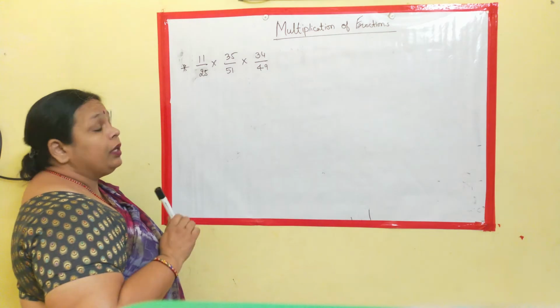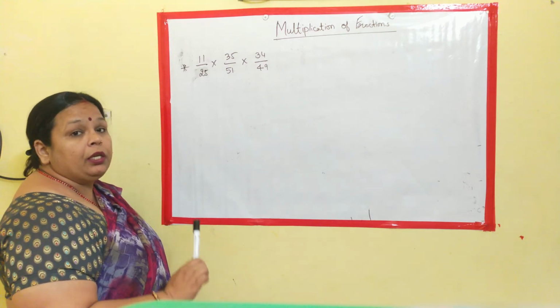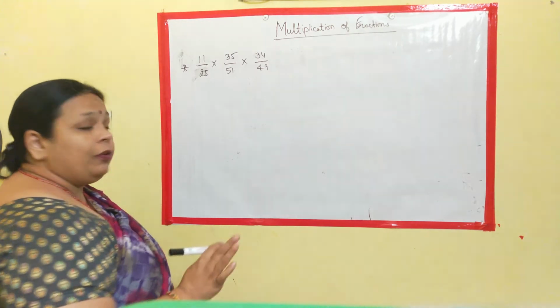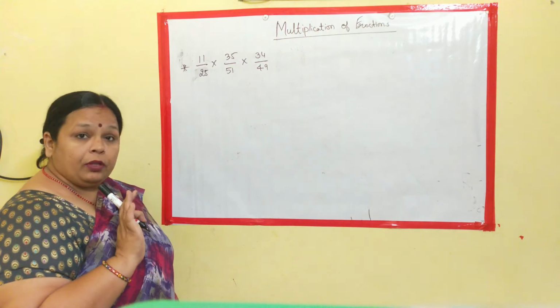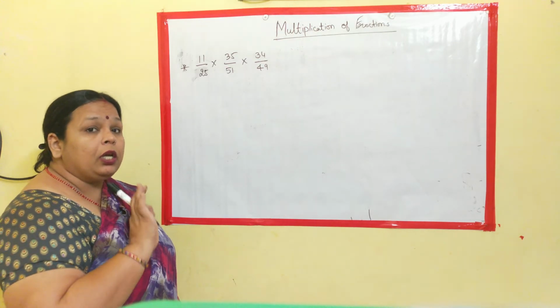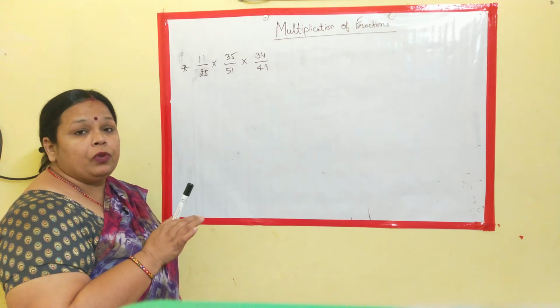Now what to be done if we are taking three fractions like A by B, C by D and E by F? With three fractions, the rule is going to be the same. First we will check whether we have mixed fractions or not. So we don't have any mixed fraction.